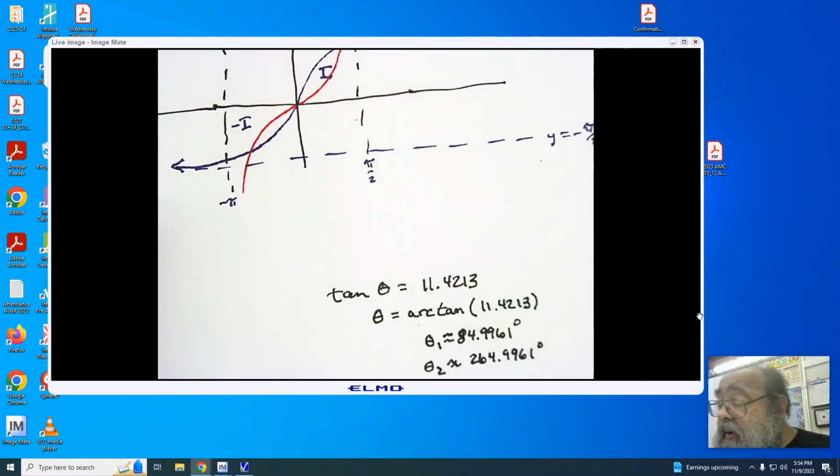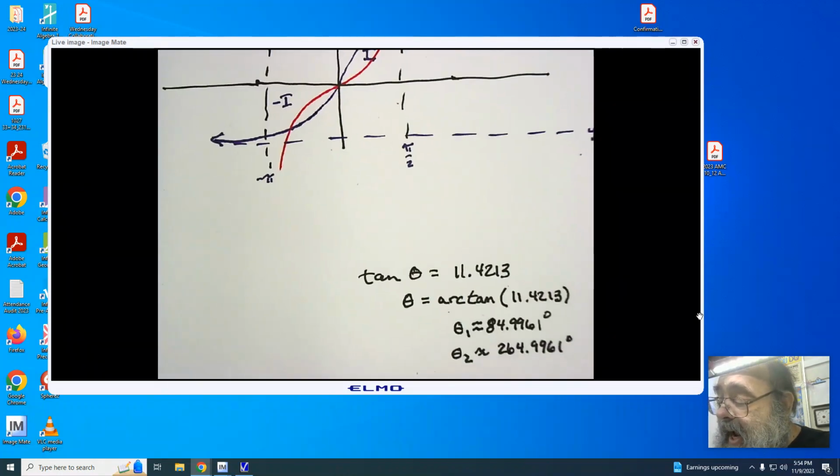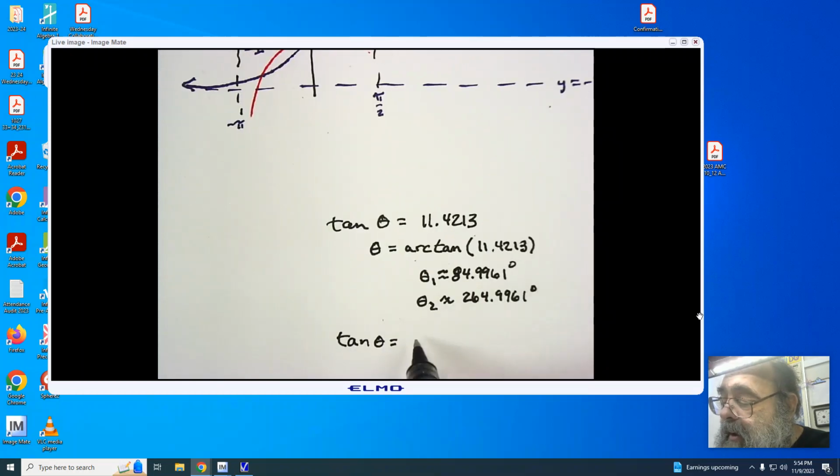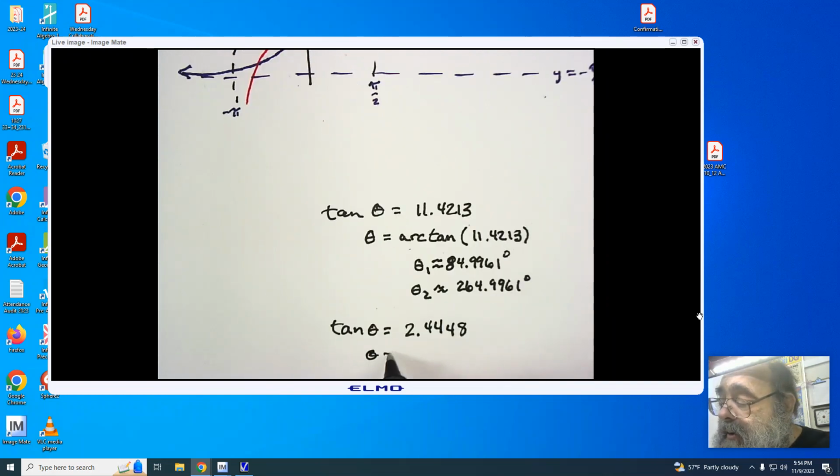Let's go ahead and do another one. Let's take the tangent of theta is going to be 2.4448. We start with the arctangent, so the arctan of 2.4448.